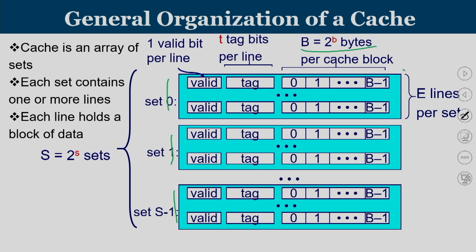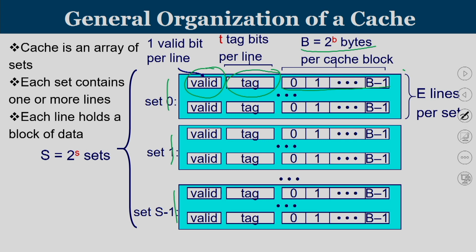Then we have a control structure called the tag. A few bits will represent your tag, and then you have a valid bit. This is the minimum set of bits required for the general organization of a cache.